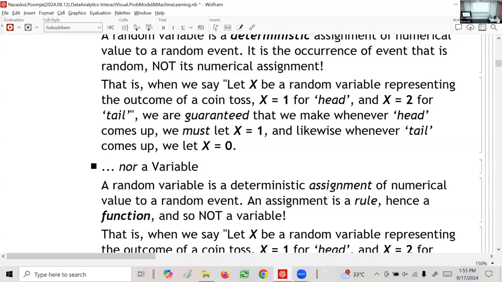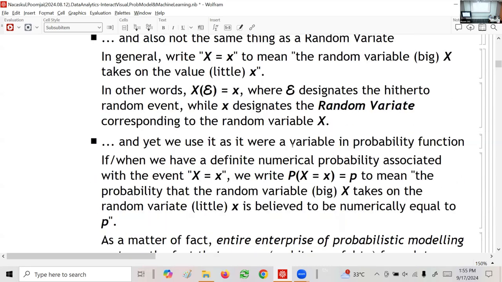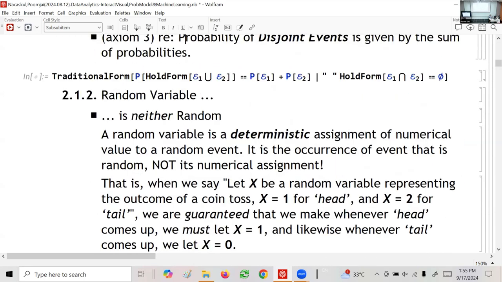Okay, but once you have that interface, now the fun thing begins. Now it becomes like, hey, wait a minute. The rule of the game is the probability of anything that can happen is non-negative. The probability of everything altogether is 1. The probability of 2 things that are disjoint can add.